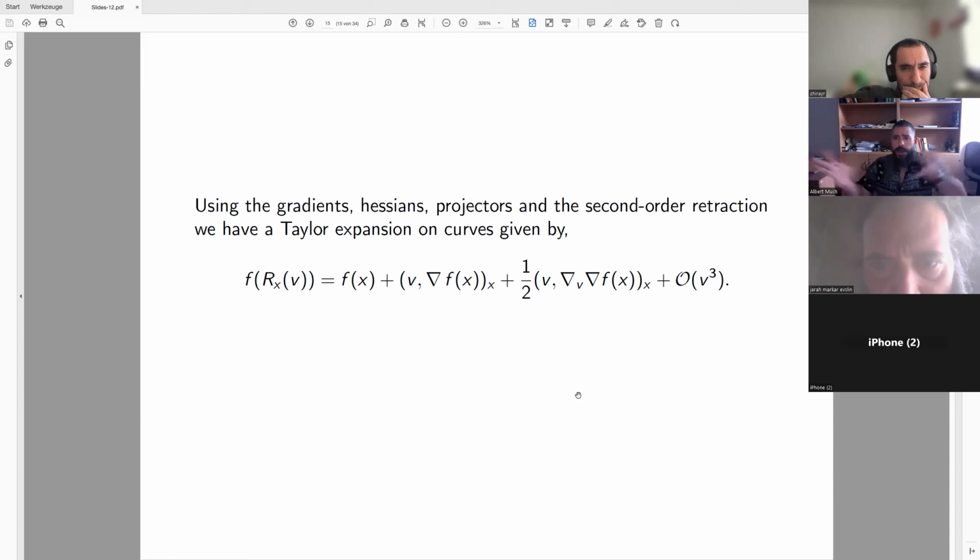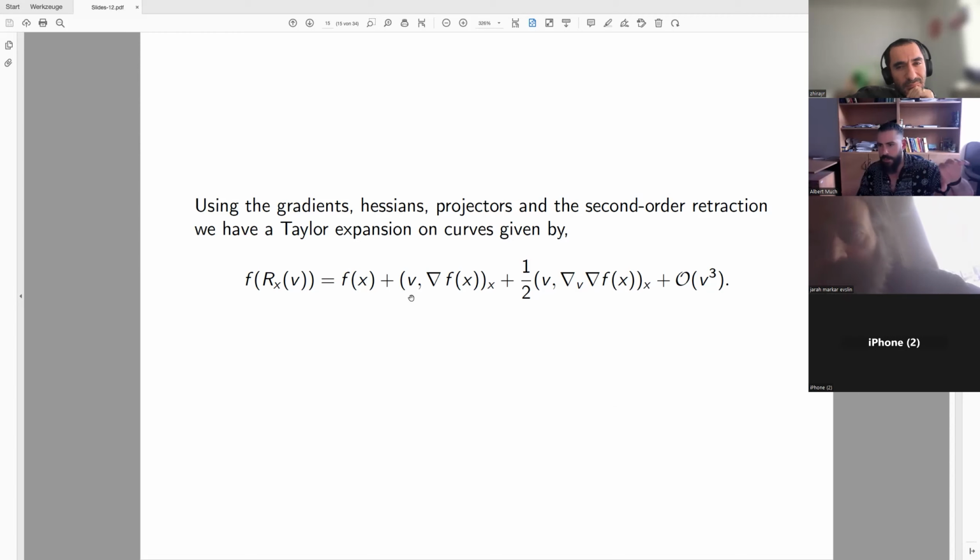Now we collect all this data: using gradients, Hessians, projectors, and second order retractions, you have a Taylor expansion on curves and on these geodesics given by this formula. If you think about it, this is a broader generalization of f of x plus a, which is f of x plus a derivative of f plus a squared divided by 2 times the second derivative of f.